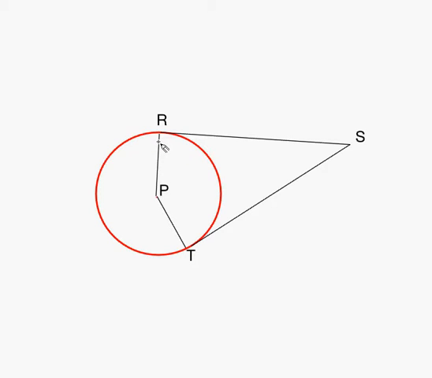So we can draw in the perpendicular sign to represent the fact that these are both right angles. We can do the same thing down here.